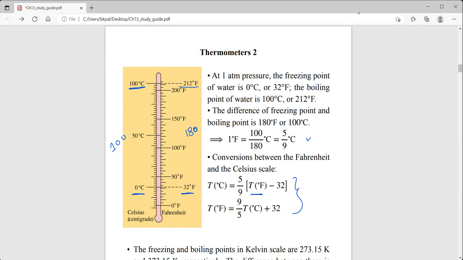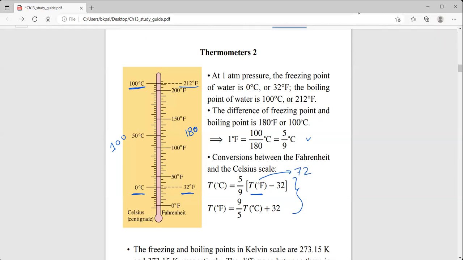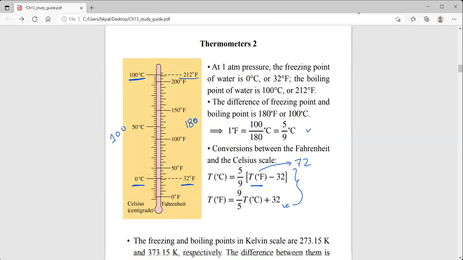Okay, so for example, let's say today's average temperature is 72 degree Fahrenheit. So you plug the 72 here and do the math, and whatever you get is the temperature in degree Celsius. Okay. Similarly, if you know the temperature in degree Celsius and want to convert it, you just use this equation. Okay. All right.